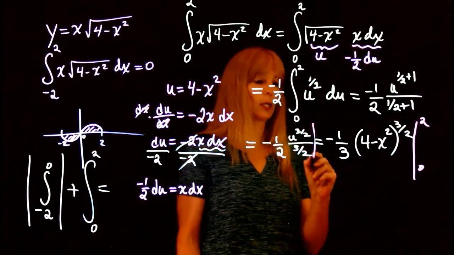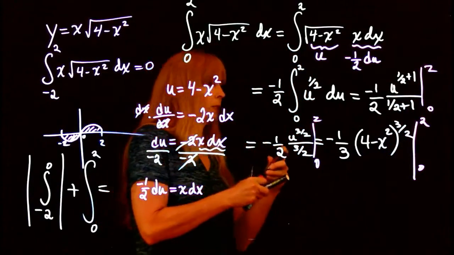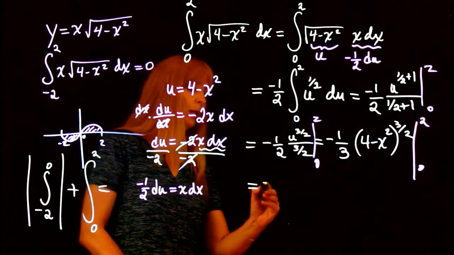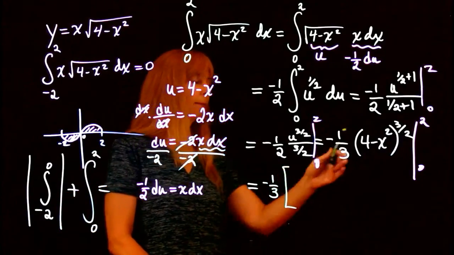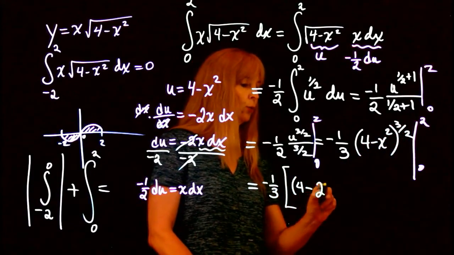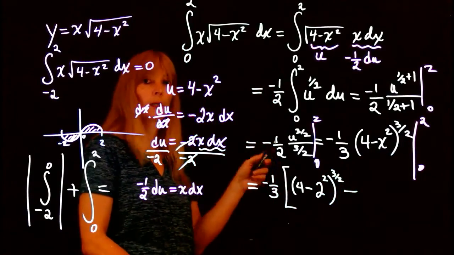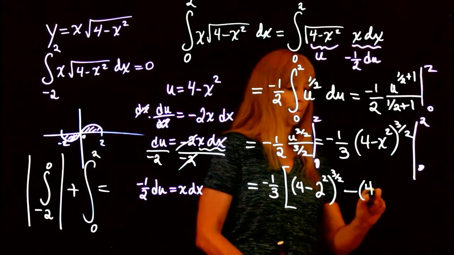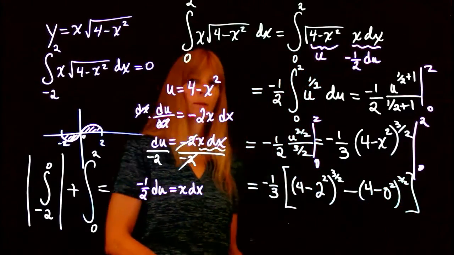Okay, so that's actually every step here, but I'm lazy and I don't like to write it. So if I evaluate this integral, how am I going to do it? I'm going to throw the negative 1/3 out front. Inside here, I'm going to do my 4 minus up top 2 squared to the 3/2 power minus, because I'm doing my integral, my f of b minus my f of a, 4 minus now my 0 squared to the 3/2 power.